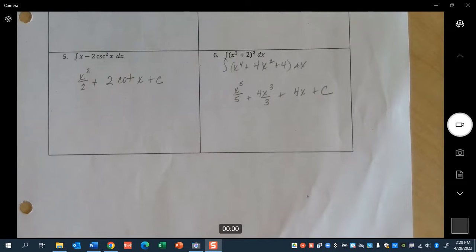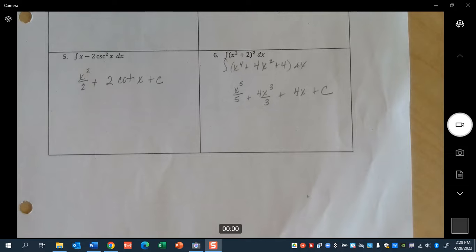Okay, so raise your exponent by 1, divide by the new. Cosecant squared. I'm looking. Oh, that's cotangent. I get you. And there's some negatives involved. Now for this one, I don't know how to do this one yet, so I'm going to simplify it.